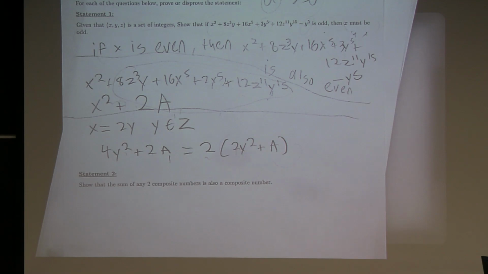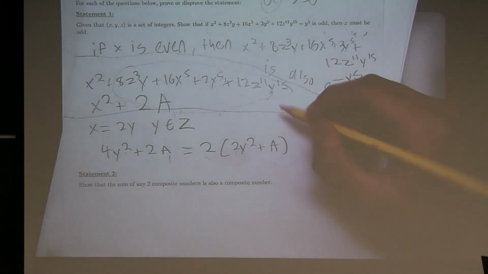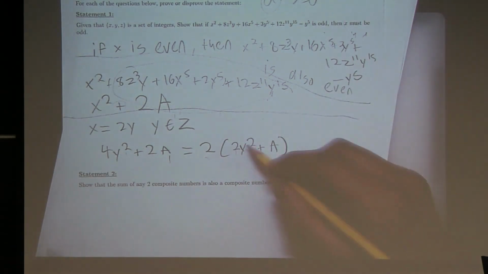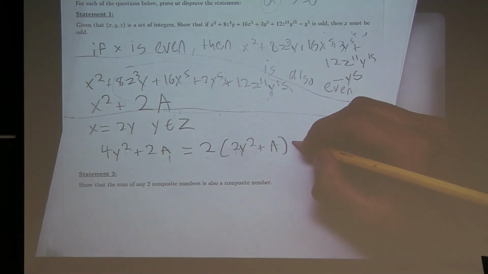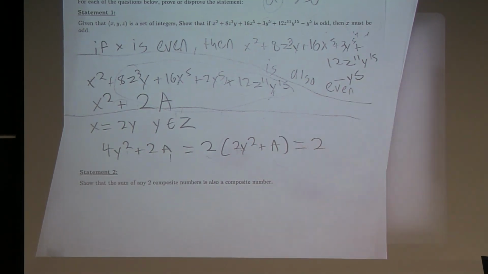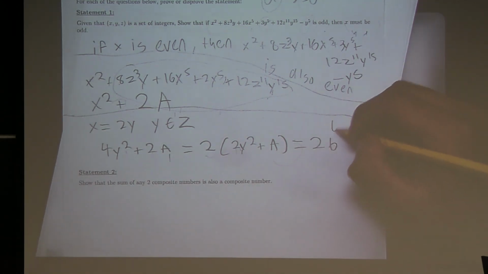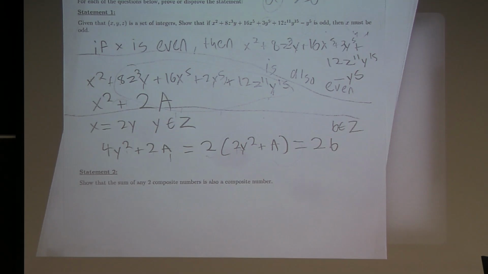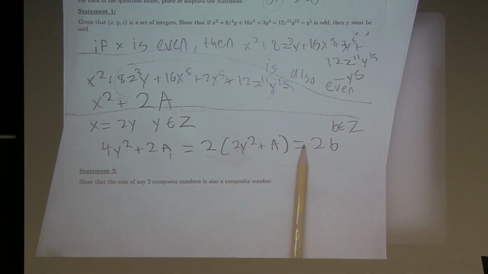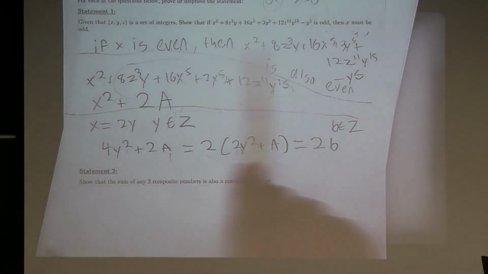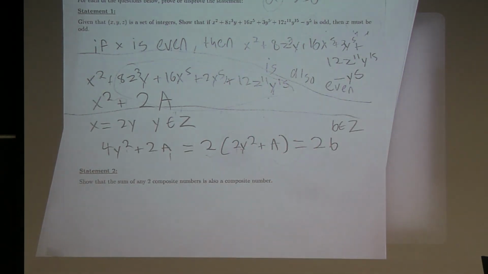By the definition of an even number, it's of the form 2 times b, where b belongs to the integers. Therefore, we've shown that if x is even, this entire expression is also even, and we showed this by proof by contrapositive.